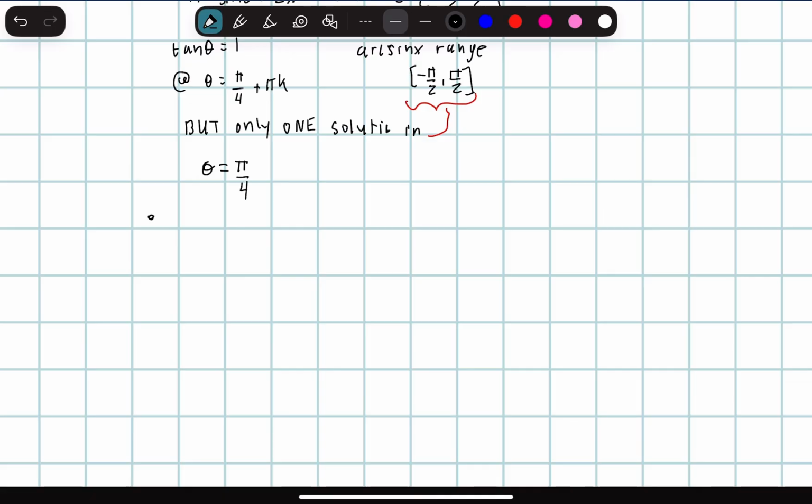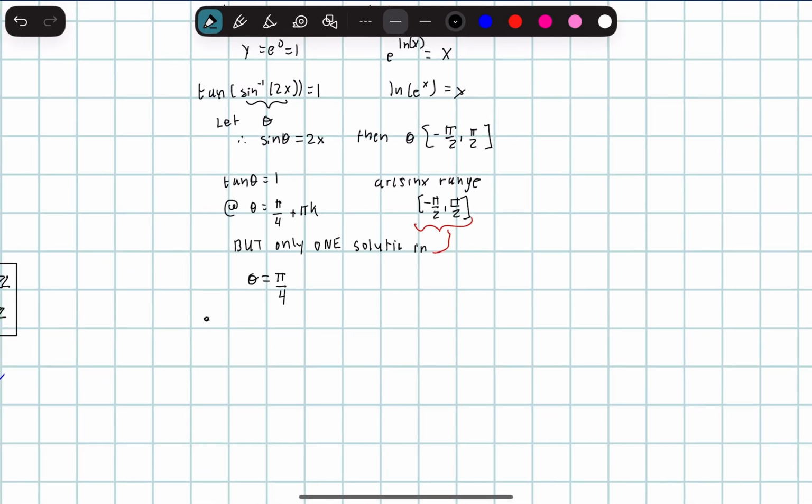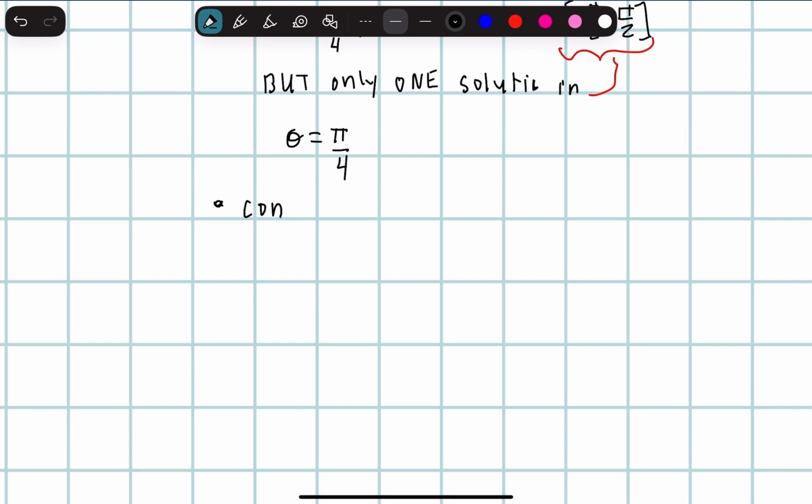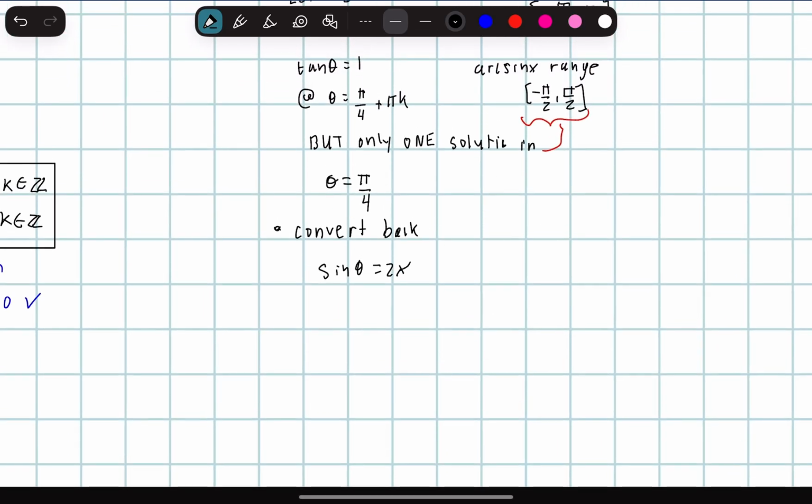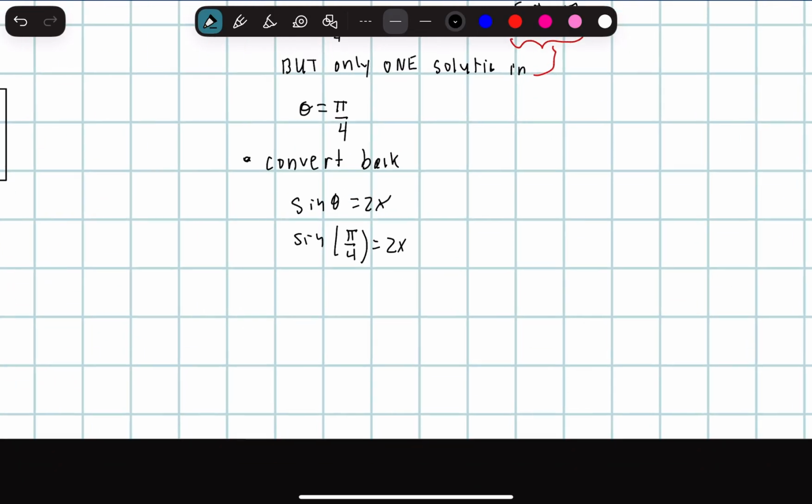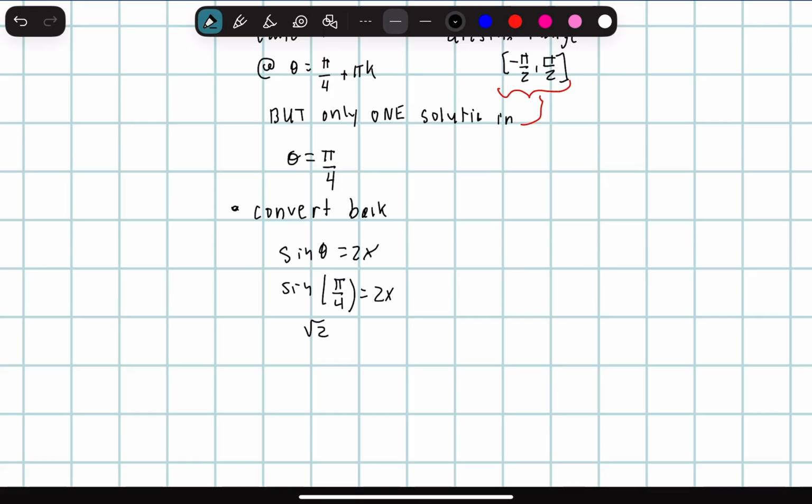Now we convert back: sine theta is equal to 2x. Therefore sine of pi over 4 is equal to 2x, so root 2 over 2 is equal to 2x. Therefore x is equal to root 2 over 4.